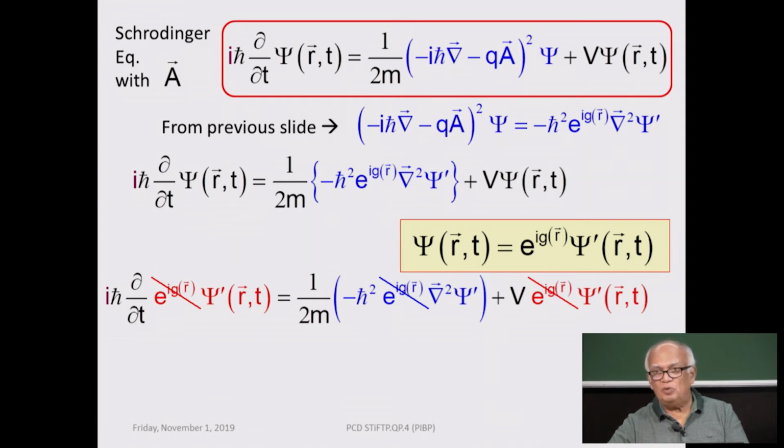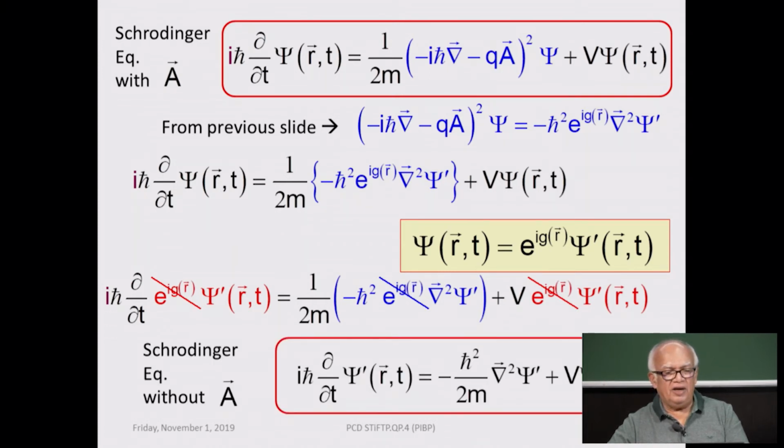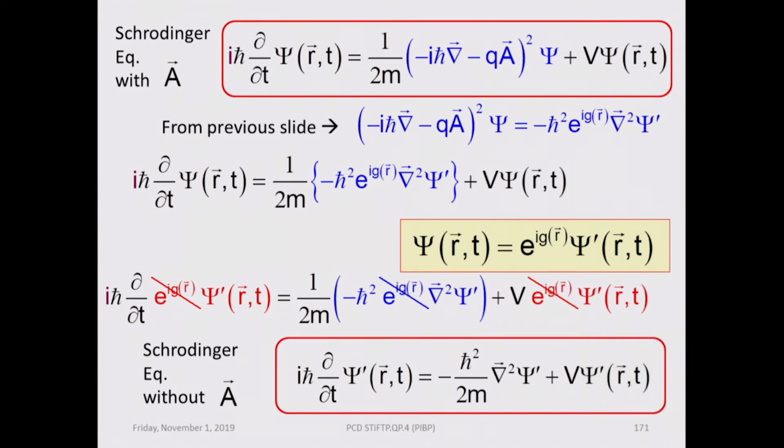So, you can strike them out, and then you are left with the Schrodinger equation without the vector potential. You immediately recognize that this is nothing but the Schrodinger equation without the vector potential.